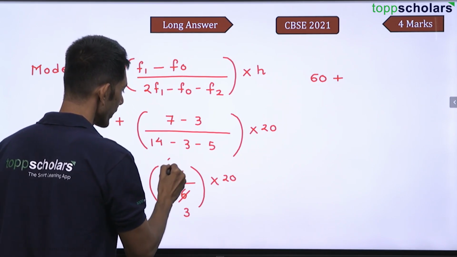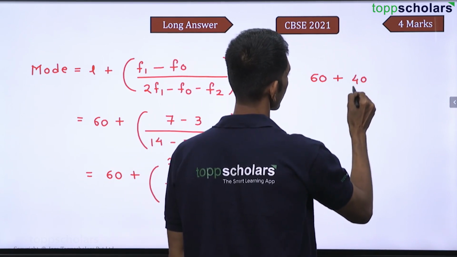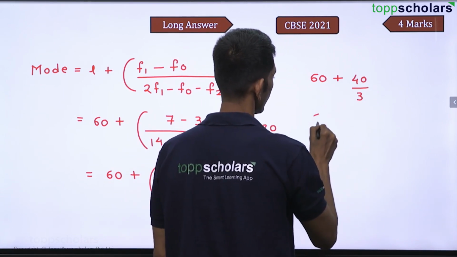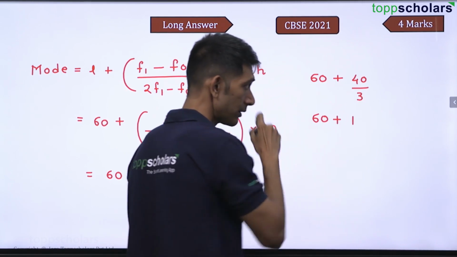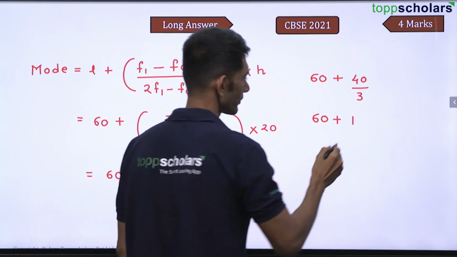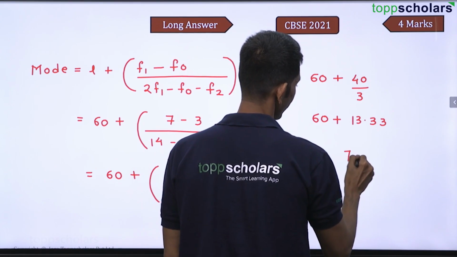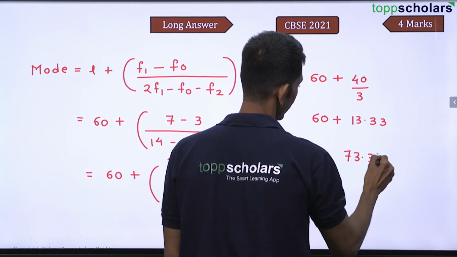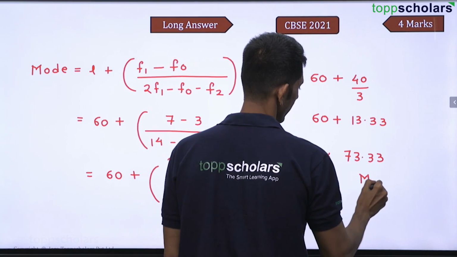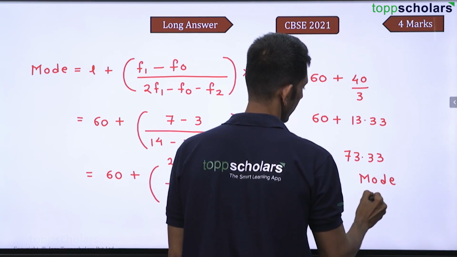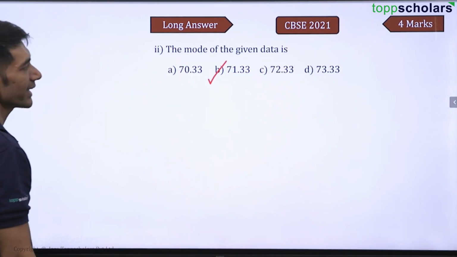You divide by 2, you get 2. This is 40 by 3. So 60 plus, 13 3s are 39. So 13.33. So you get 73.33 approximately as your mode. Correct? Okay, 73.33 is the correct answer.